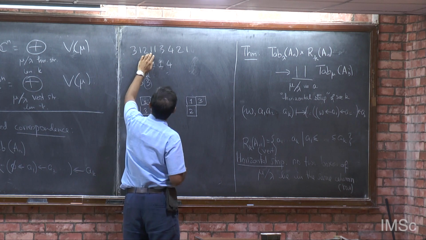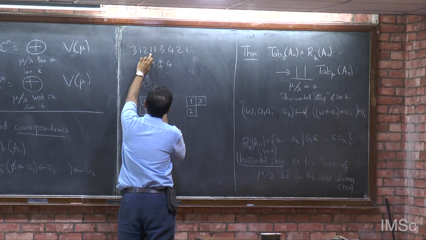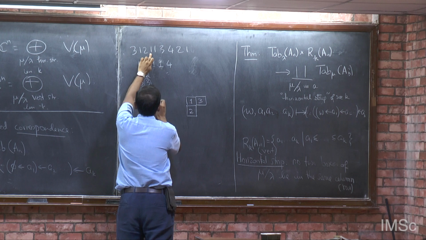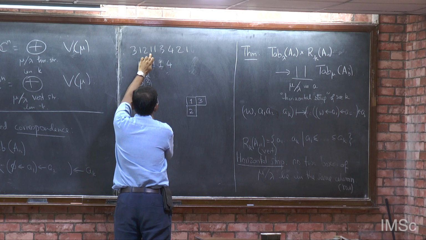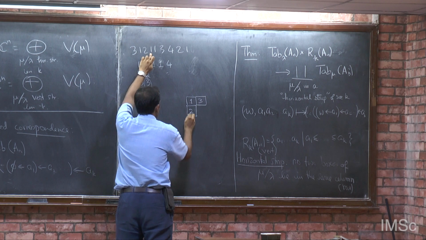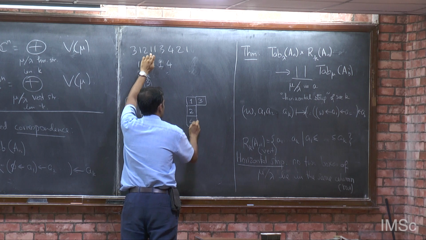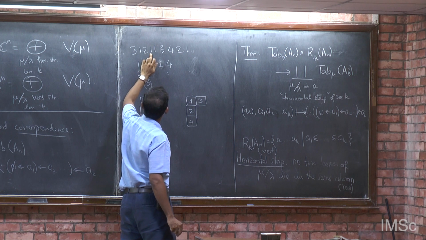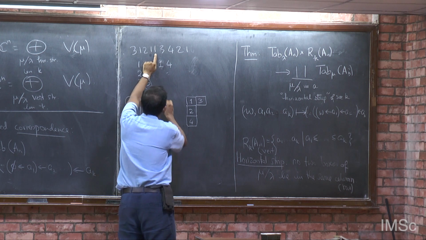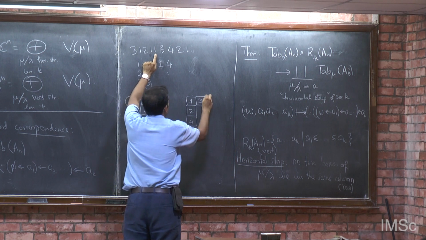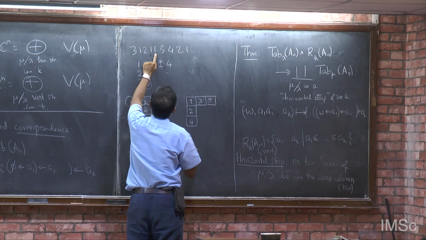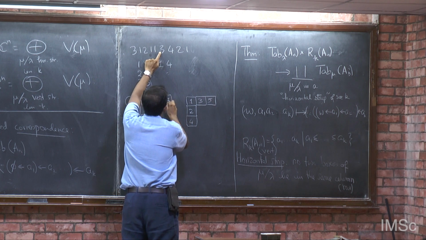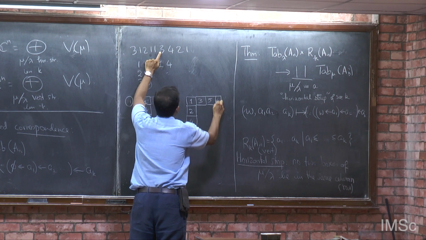Then I add this 1, and that bumps this 2 and that bumps this 3. So, this is the fourth box to appear, and then I add one more 1. That just comes over here, so this is the fifth box to appear. I add a 3. This is the sixth box to appear.